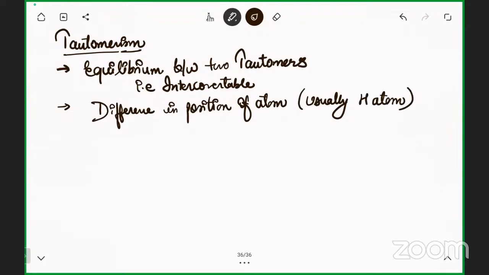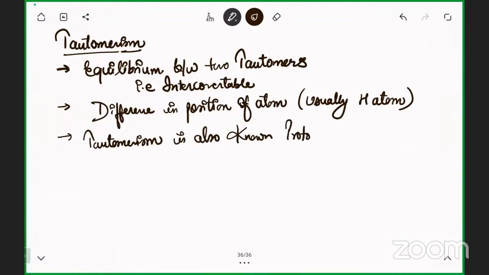Just because we are talking about hydrogen only, and hydrogen is considered as a proton, tautomerism is also known as prototropism.